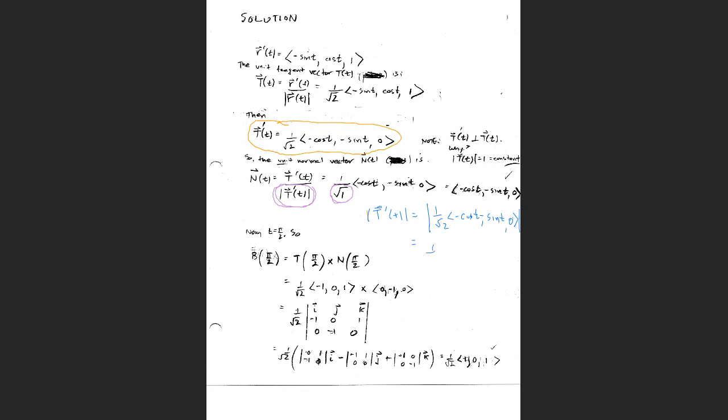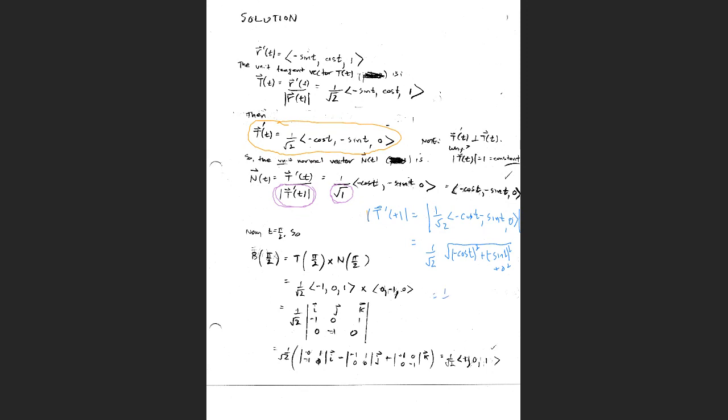Then we have the square root of negative cosine of t squared plus negative sine of t squared plus 0 squared.